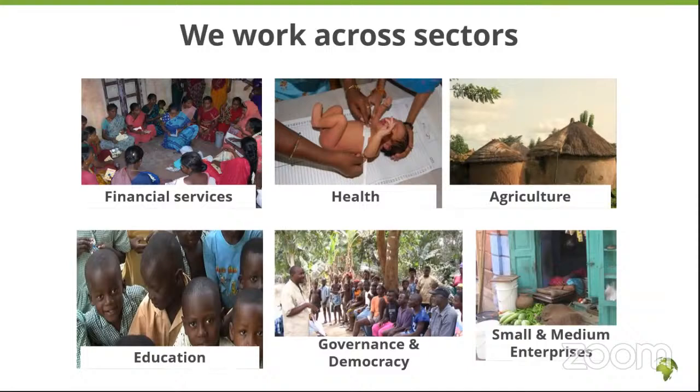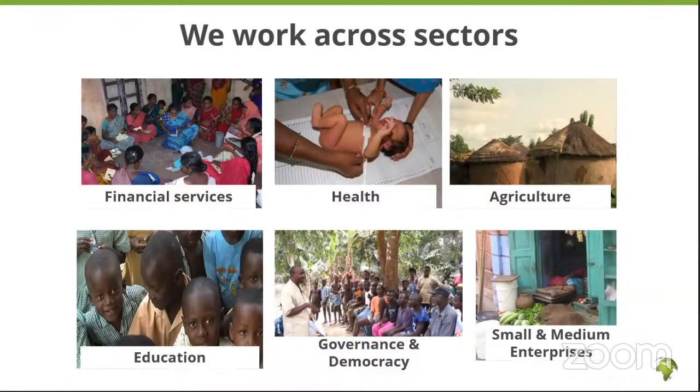And again, in all these areas, we partner with researchers from various institutions. Just to mention a few, we have UC Berkeley, University of Nairobi, MIT. We work with government agencies. For example, we are working closely with the Micro and Small Enterprises Authority, the Kenya Revenue Authority, the Ministry of Agriculture, and Vision 2030.